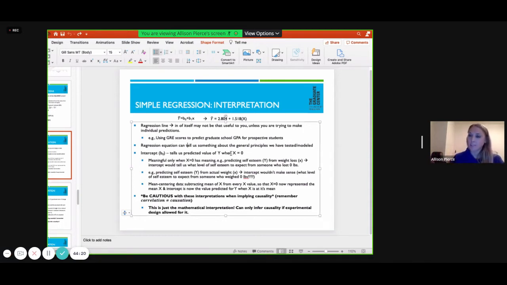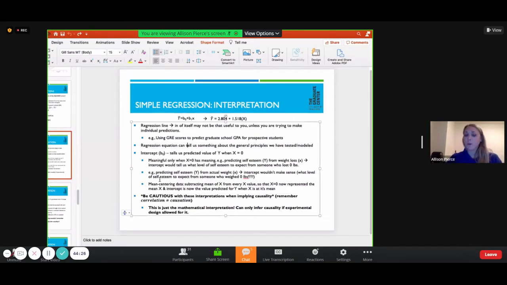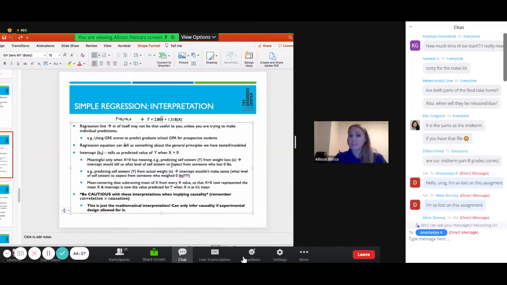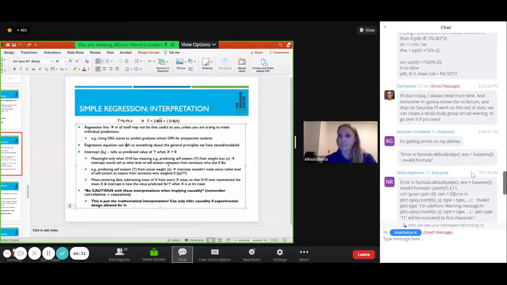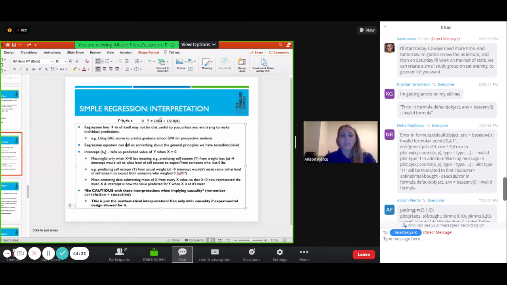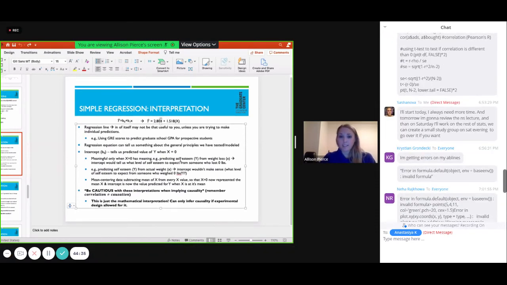So you have to think about what your x value is as to whether or not you can interpret your intercept on your raw data. There's plenty of data where it doesn't make sense for x to be 0, for example reaction time.